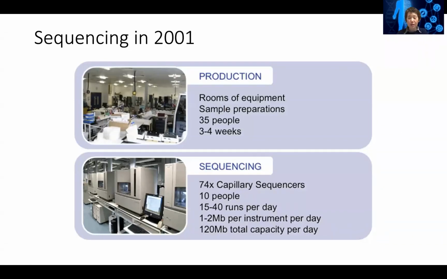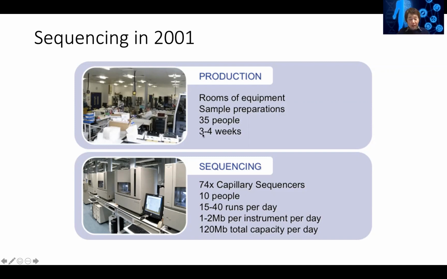Throughout this whole course, we are going to teach you how to do sequence analysis, high throughput sequence analysis. So let's revisit high throughput sequencing. In the beginning of 2001, right after the draft human genome was sequenced, if you look at a typical genome center, these were quite big. Usually you have a huge room like this of equipment and about 35 scientists working together to prepare a sample.